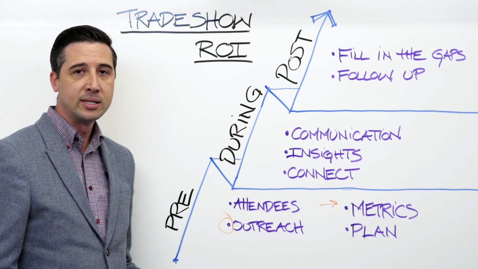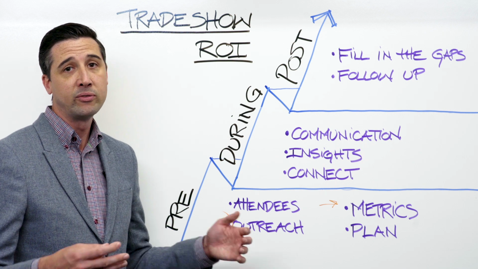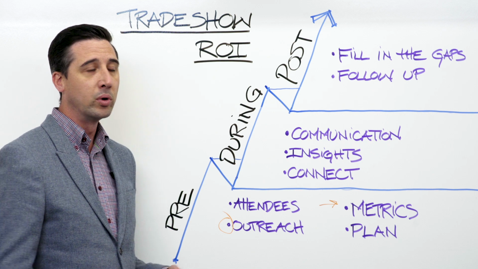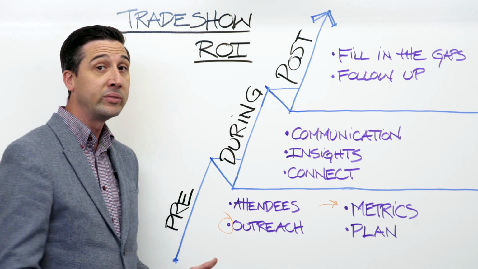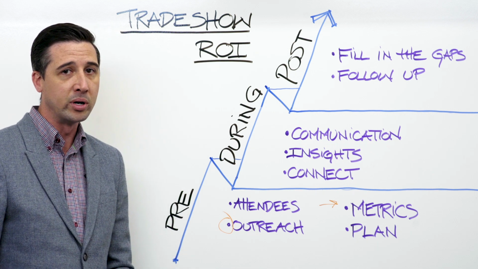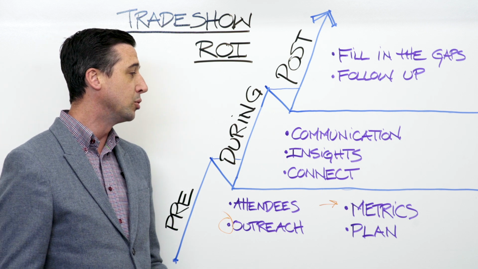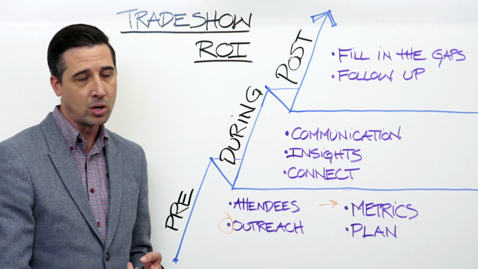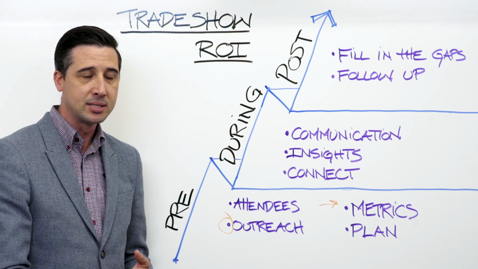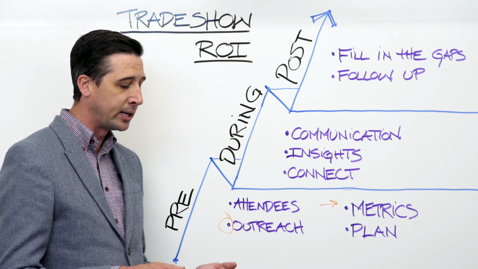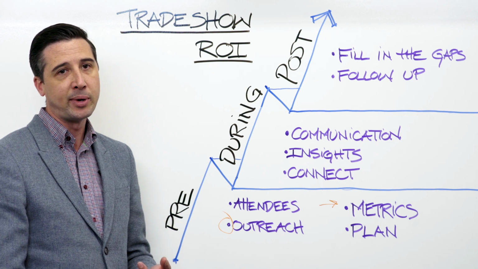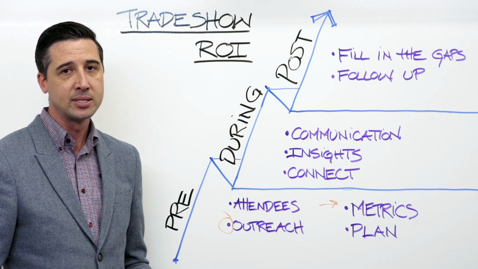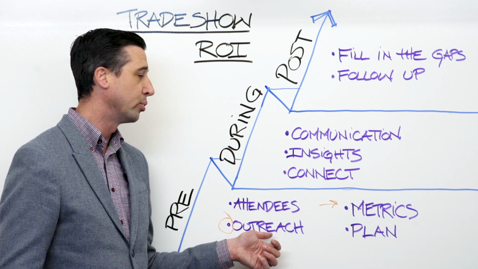If we're going to attend this event and we're going to spend $20,000, $50,000, $100,000 in some cases for these events, whether we're having a booth or even if we're just walking the trade show floor and being in attendance, we need to align on how many leads do we expect to get. So that might be business cards collected, that might be badge scans. We want to align on how many opportunities we expect to get from that, and most importantly, what we think the ROI is that we're going to drive from that event. And that all happens pre-show.